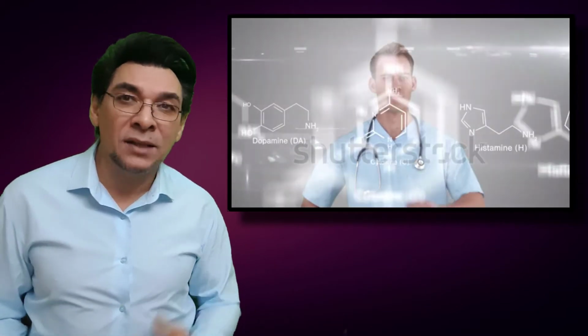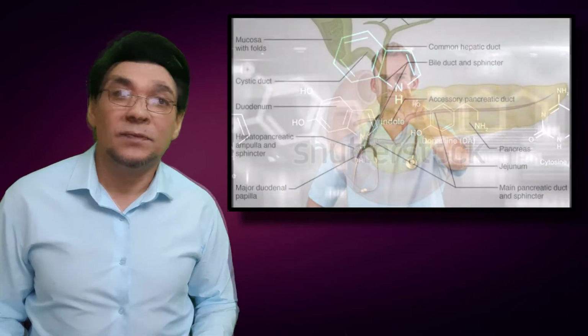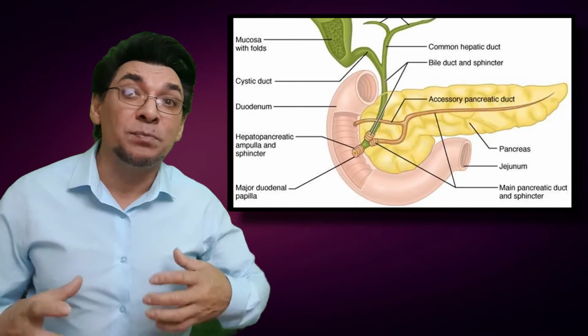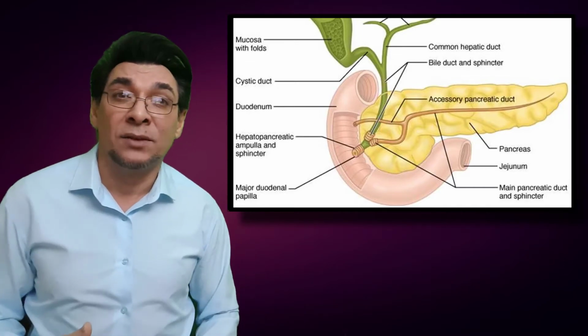Guys, we have been talking about pancreas, insulin, and diabetes. The endocrine part of the pancreas consists of pancreatic islets of Langerhans, which are dispersed throughout the exocrine portion of the pancreas.